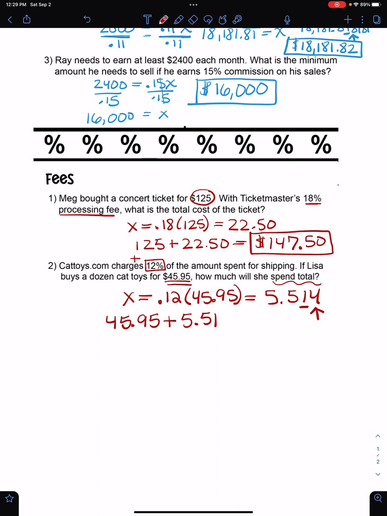In my calculator, I'm going to put $45.95 and add $5.51, and she pays a grand total of $51.46. She might also have to pay tax and all that, but for this problem, we're just calculating the cost of the cat toys plus the cost of the shipping, which was 12% of the total.